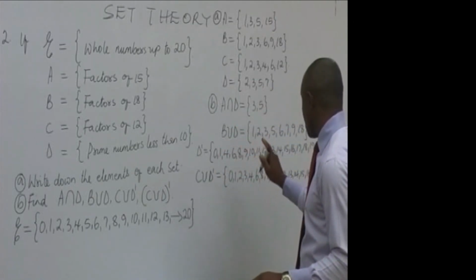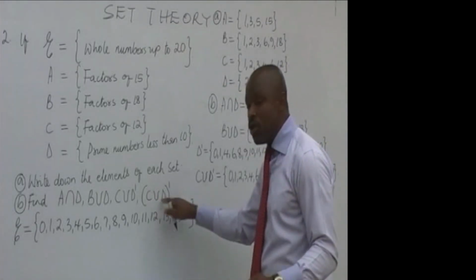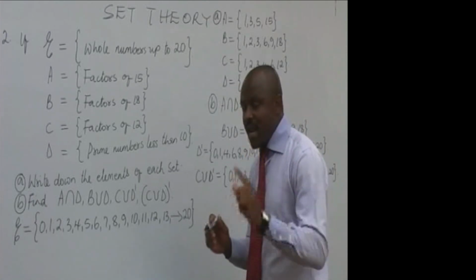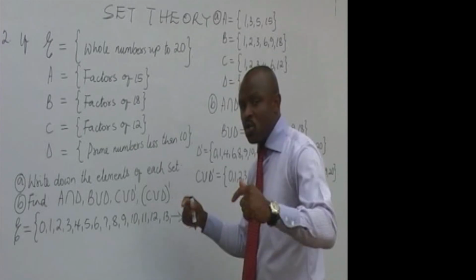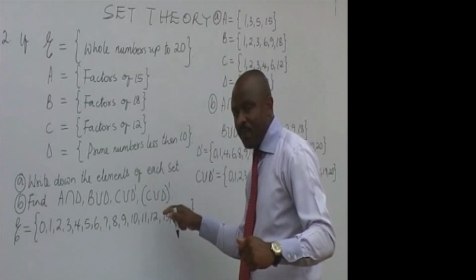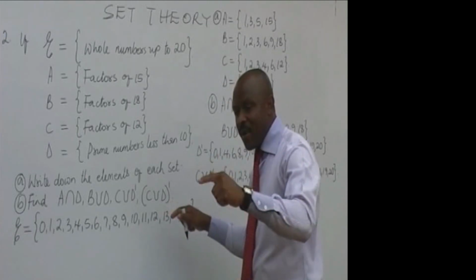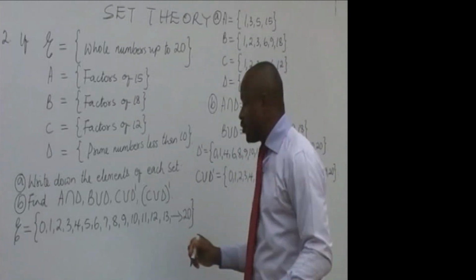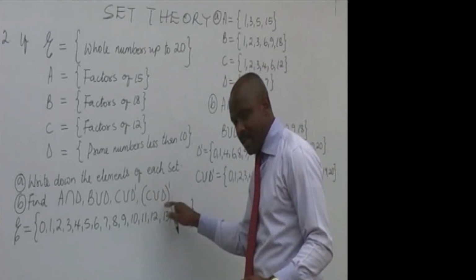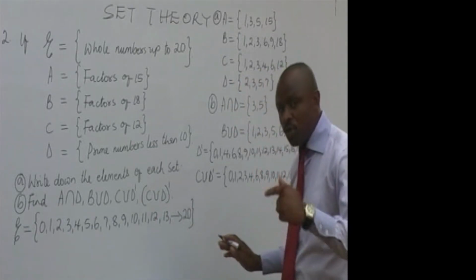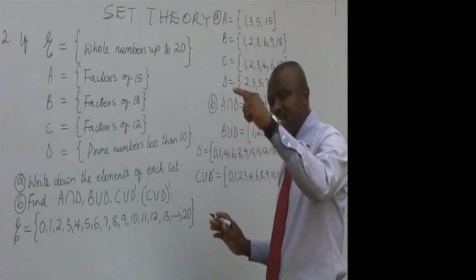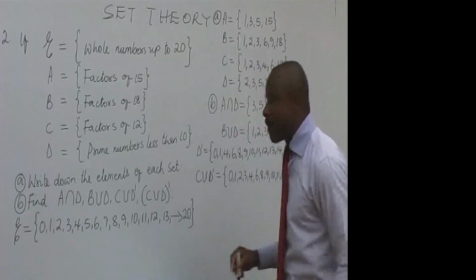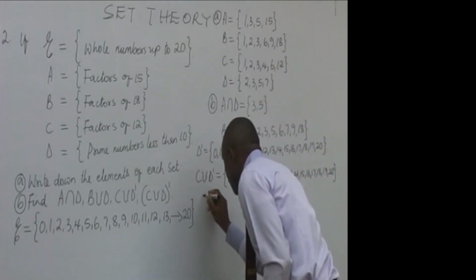No, we have not found C union D. So if you find C union D, then C union D prime will be the members found in the universal set that will not be found in C union D. So first of all, let's find C union D. We keep it. Then we'll look into the universal set. Any member of the universal set that could not be found in that C union D is the C union D prime.